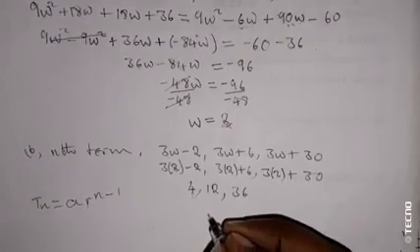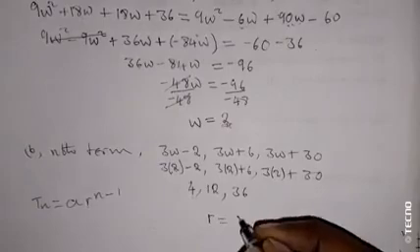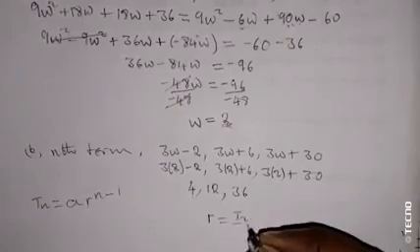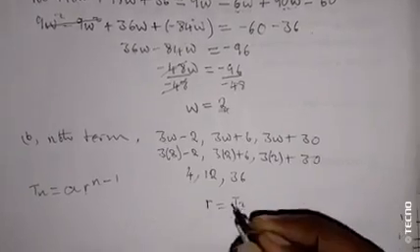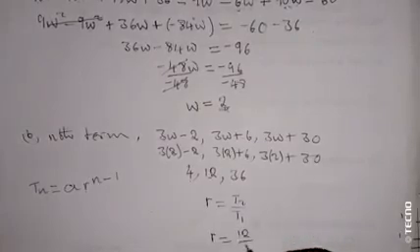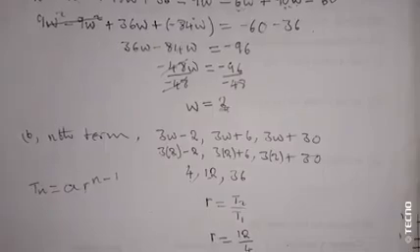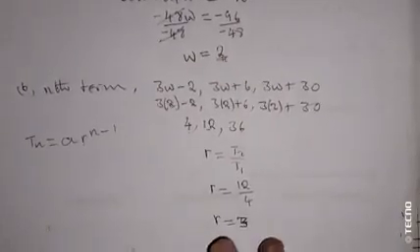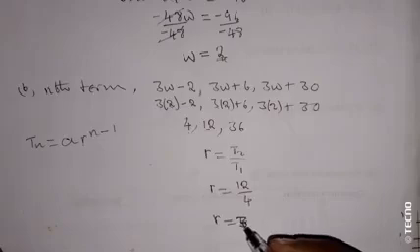So for the common ratio, R is equal to second term over first term. Our second term is 12, so 12 over 4. Then our R here is equal to 3. So 3 is our common ratio.